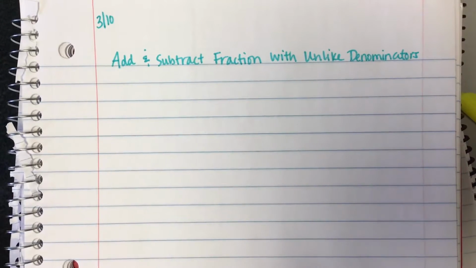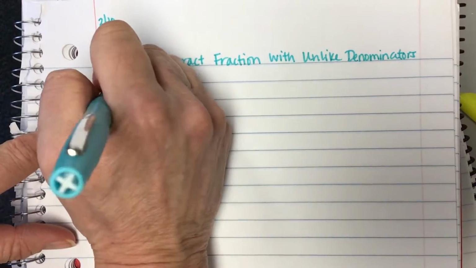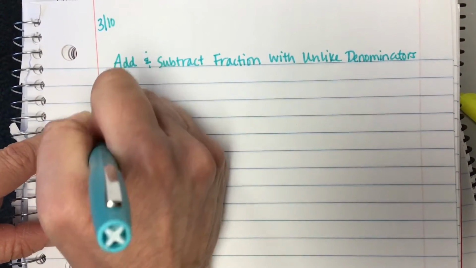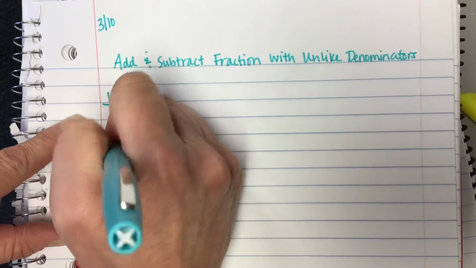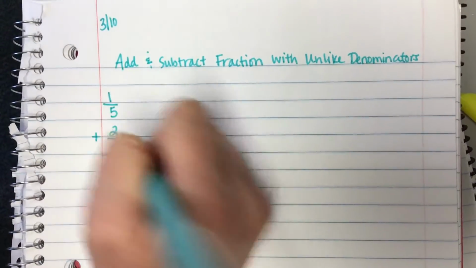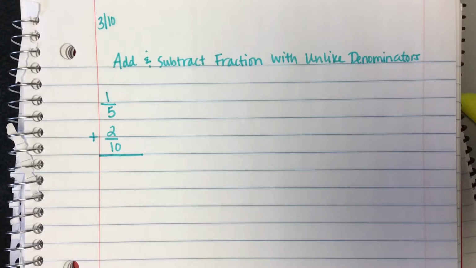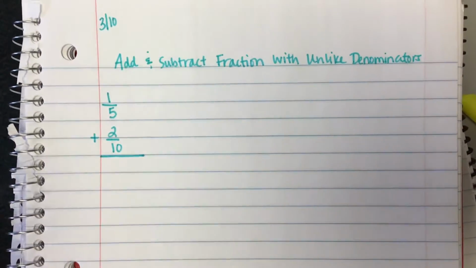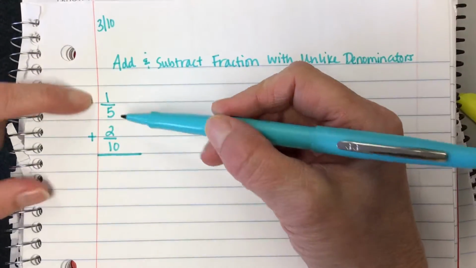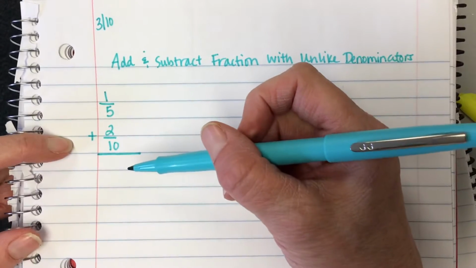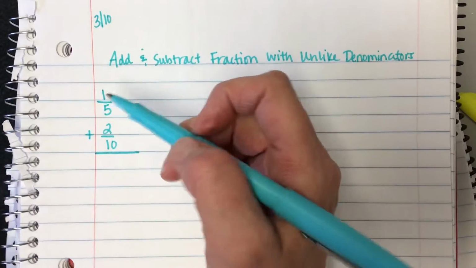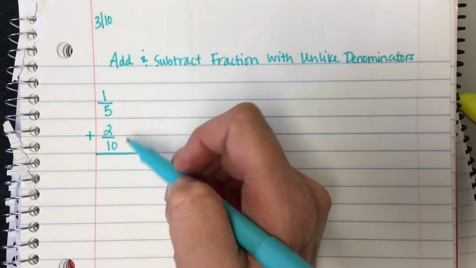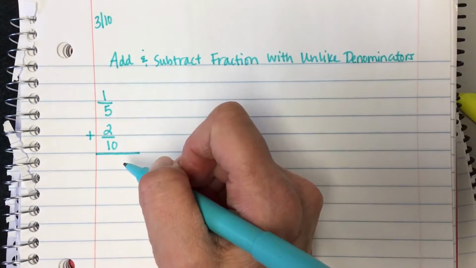So we're going to start with an easy one, which is just going to be like 1/5 plus 2/10. And a lot of you can probably already do that in your head. I like to write them up and down. So I need to find a common denominator between 5 and 10.